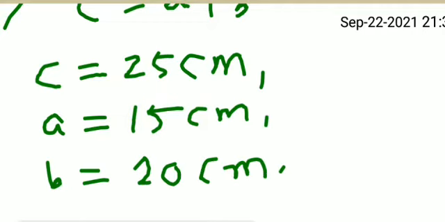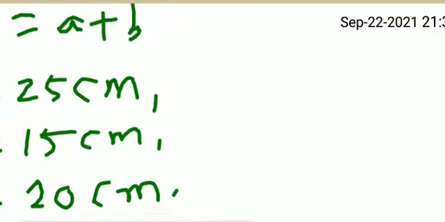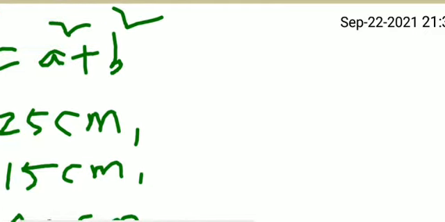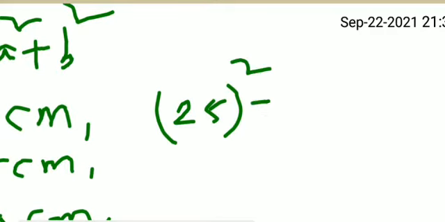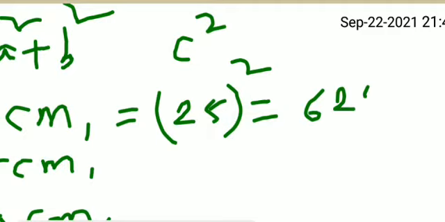Just put in the above equation, we can see that c value is 25, so c square equals 25 whole square, that means 625.